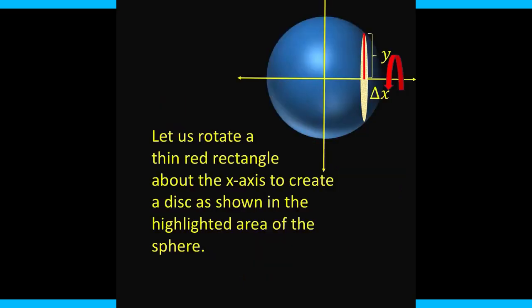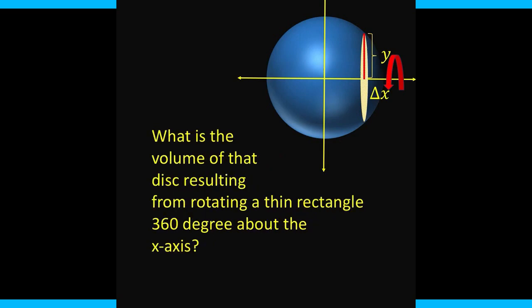Now let's go back to our sphere that we sliced at the beginning. Let's begin with this red rectangle that is perpendicular to the x-axis. And then let's rotate this rectangle 360 degrees around the x-axis in order to form this disc. What is the volume of the disc resulting from this rotation?